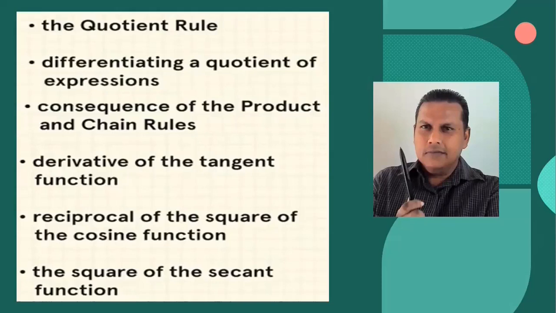I also gave some contrasting examples, and importantly, found a formula for the derivative of tan x, namely the reciprocal of cos squared x, which can also be expressed as sec squared x, where sec is an abbreviation for secant. The values of the secant function are the reciprocals of the values of the cosine function.